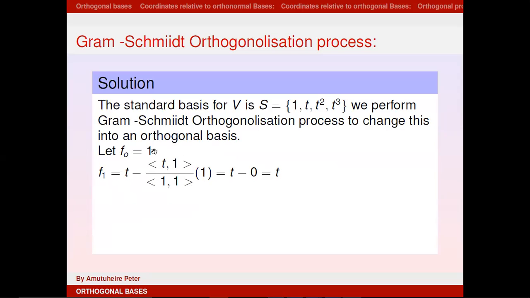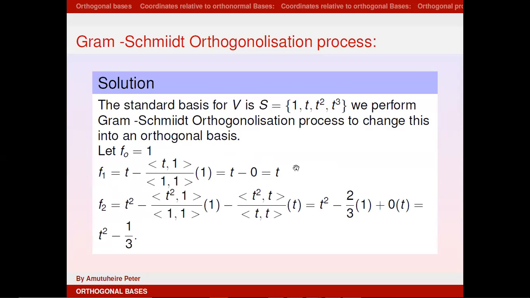Okay, so now we find f2. f2 is got by computing the component of u2 that is orthogonal to the space W2, which is spanned by f1 and f0.